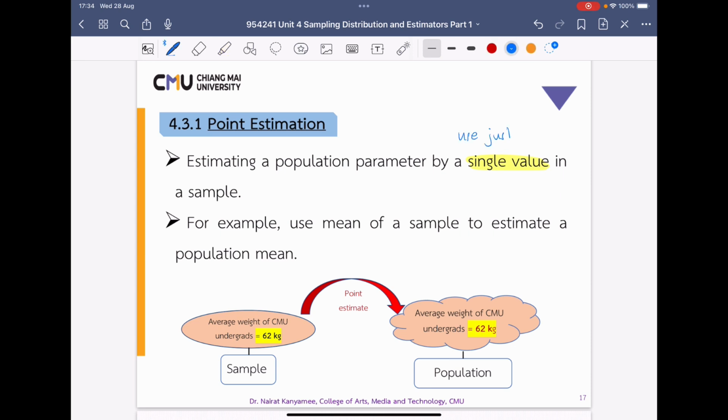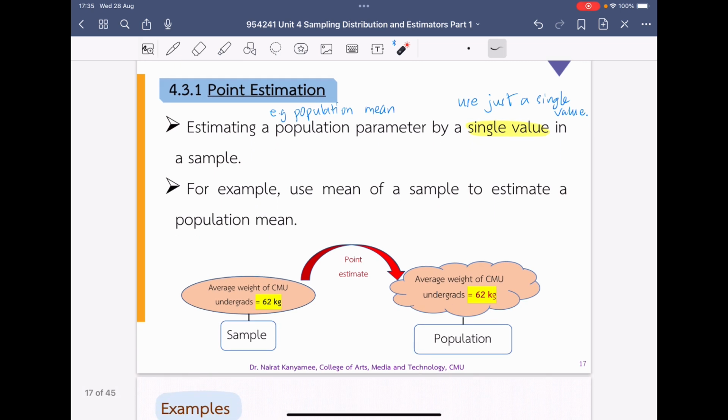We use just a single value in the sample to estimate the population parameter. For example, the population mean. If we use the mean of a sample to estimate a population mean, then we do this. Suppose we take out a sample and then we find the average weight, which is 62 kilograms for this sample.